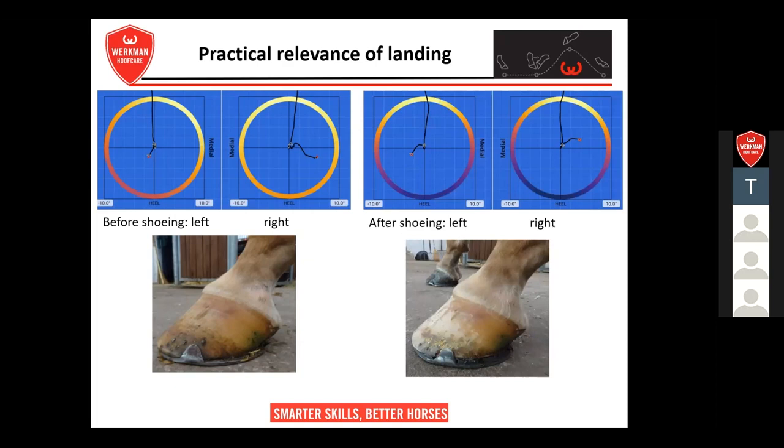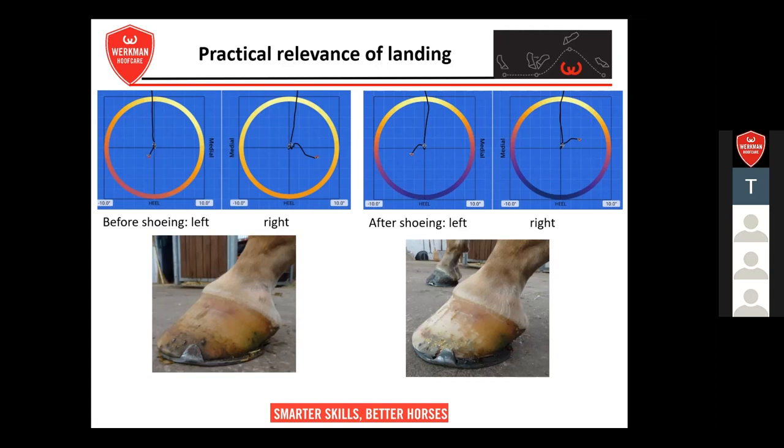She still has a quite flat landing in the left foot and still a lateral wall landing in the right foot, but you see the lines, at least at the right foot, changed slightly. We will still see there's a typical pattern for each horse, but we will definitely see some influences of the shoeing, though smaller than sometimes expected.